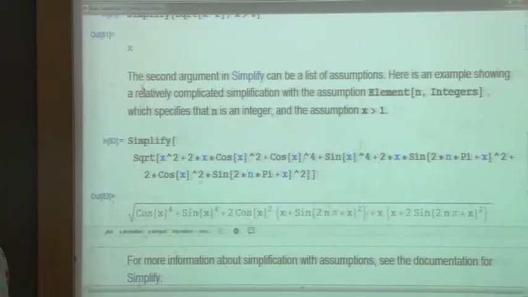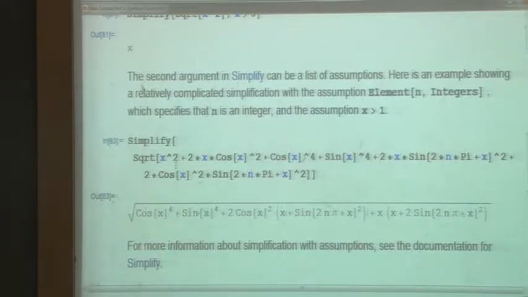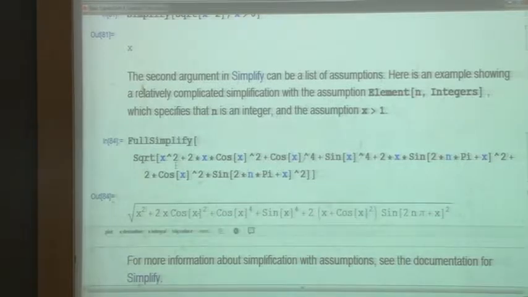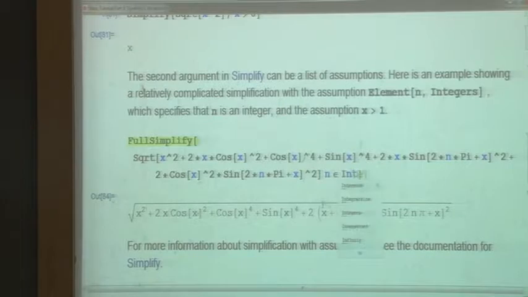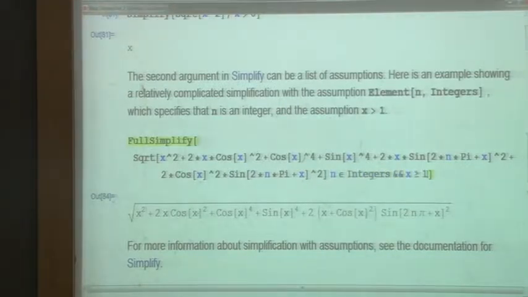So sometimes simplification in Mathematica is more an art than a science. You can try to use FullSimplify as well. FullSimplify sometimes will give you results that Simplify cannot, but it doesn't always work. In this case, it doesn't work, so we need to put in the assumptions. What are the assumptions? n in Integers, and x greater than -1.